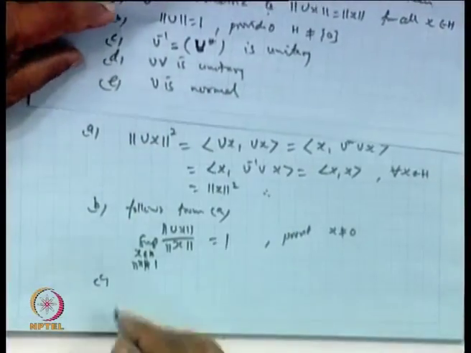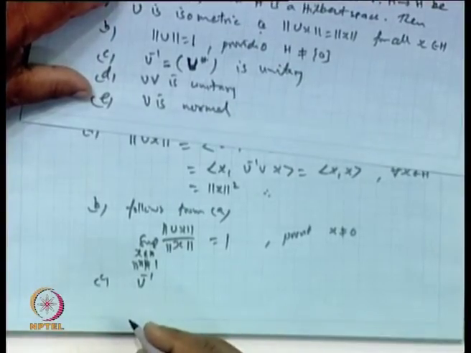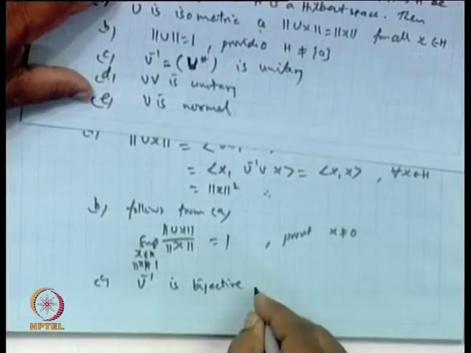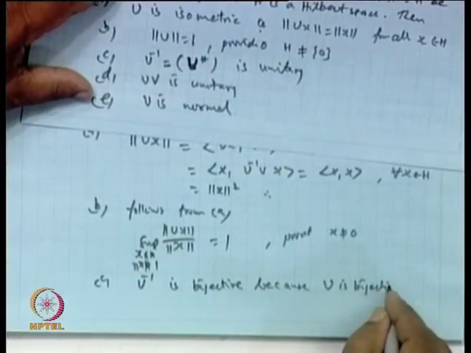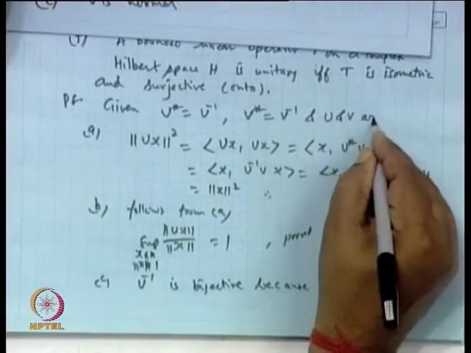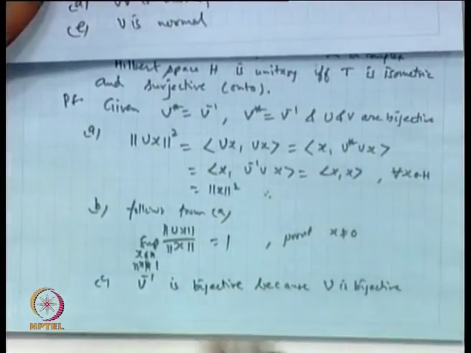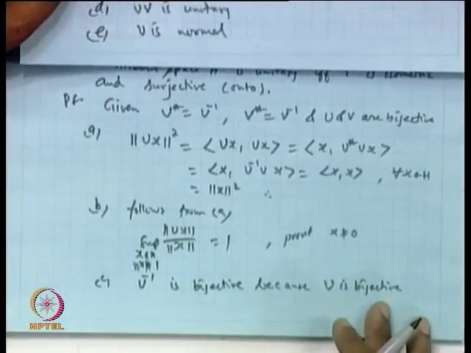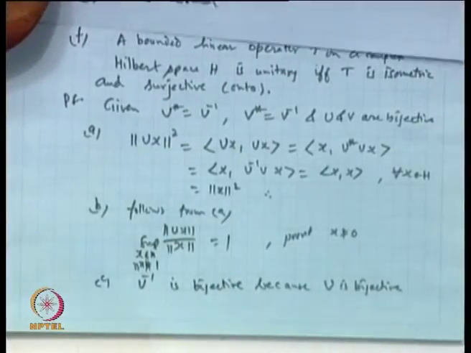Then U inverse is unitary. To show U inverse is unitary, first we want to show U inverse is bijective. Why? Because U is bijective, as given, and U and V are bijective by definition. If U is one-one onto, the inverse will exist and the inverse will also be one-one onto, so it is a bijective mapping. Next, if I prove that U inverse star is equal to U inverse inverse, then our result is okay.